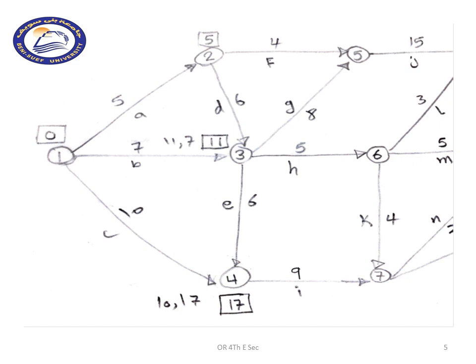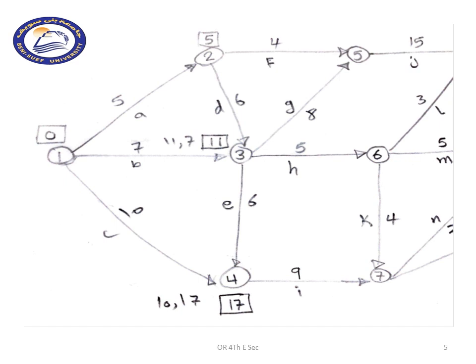So for node number 2, the earliest possible starting time for each activity after node 2, which are F and D, will be 0, calculated in the rectangle at node 1, plus 5, the duration of activity A. This gives us the earliest starting time for activities F and D at node 2, which is 5. Going to node number 3.